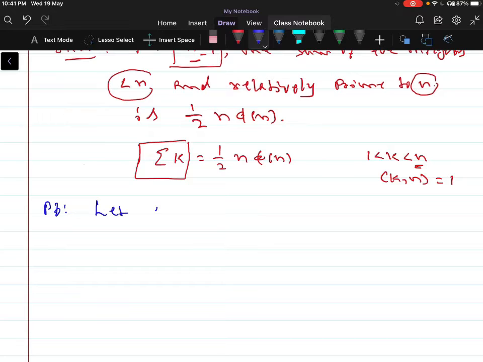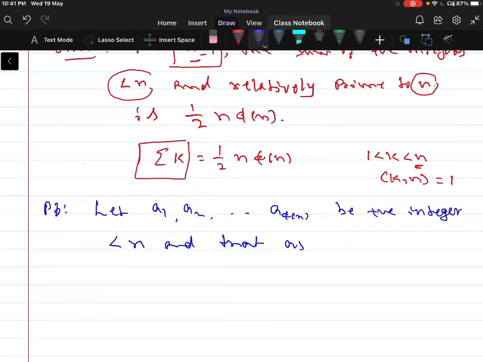Let a1, a2 and so on, a pi of n be positive integers, which must be less than n, and they are relatively prime to n.